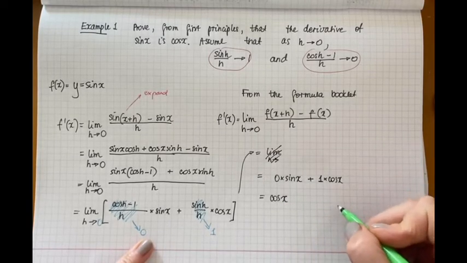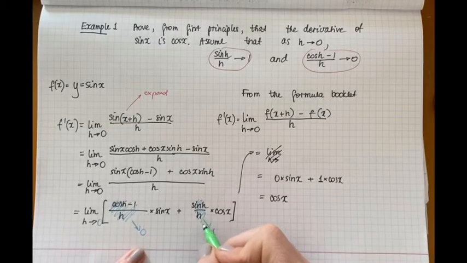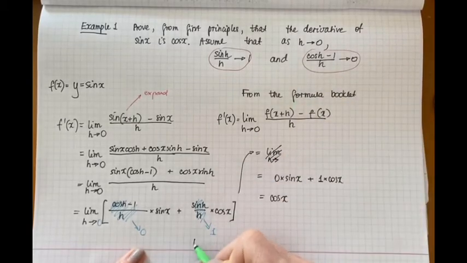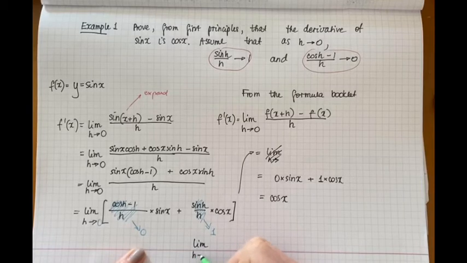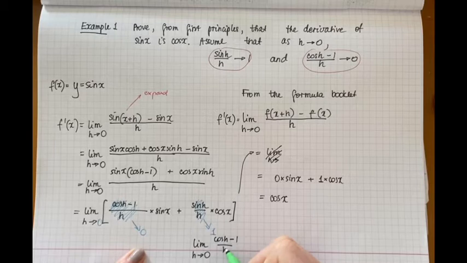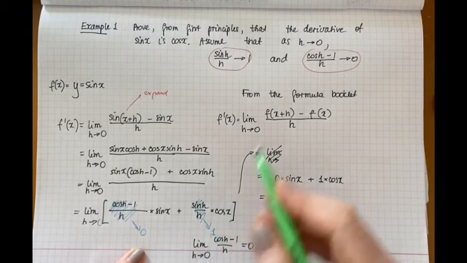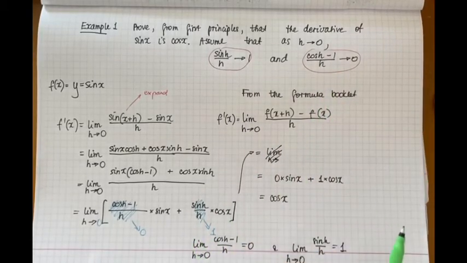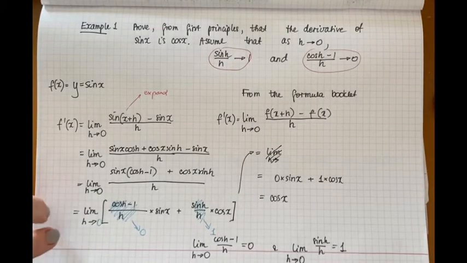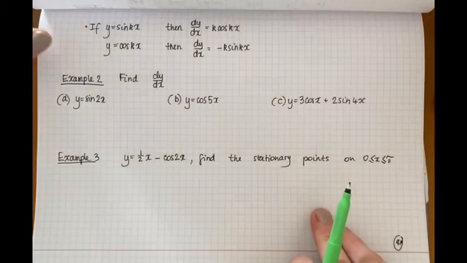You could say over here that the limit as h tends to 0 of cos h minus 1 over h is equal to 0, and the limit of sine h over h is equal to 1. But it's pretty obvious that we've been asked to use these results. Okay, so let's look at the next stage.